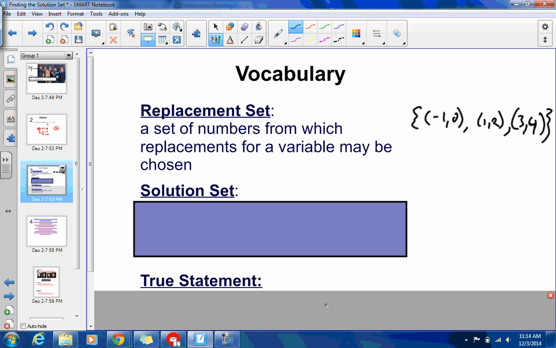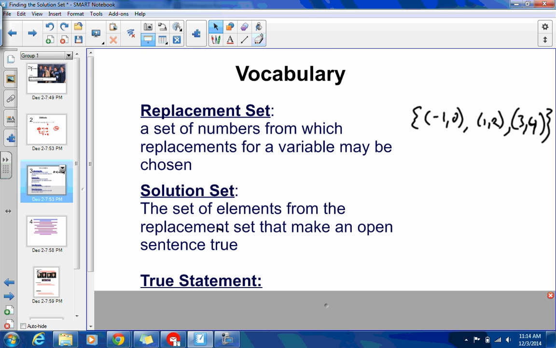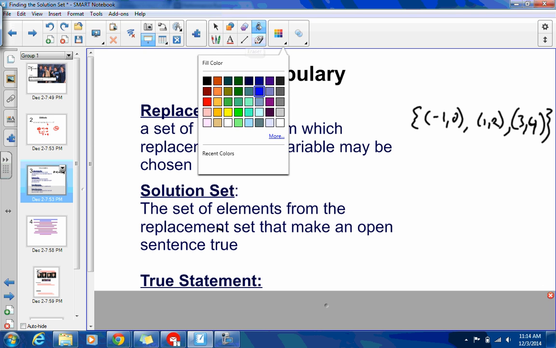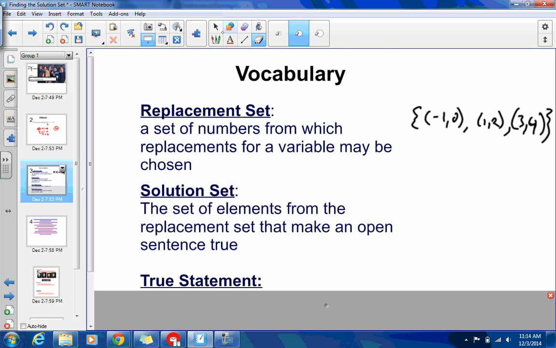We're going to take that replacement set and we're going to find which parts of that replacement set are part of the solution set. So that means the solution set would be the set of elements from the replacement set that make an open sentence, or in other words, an equation true.